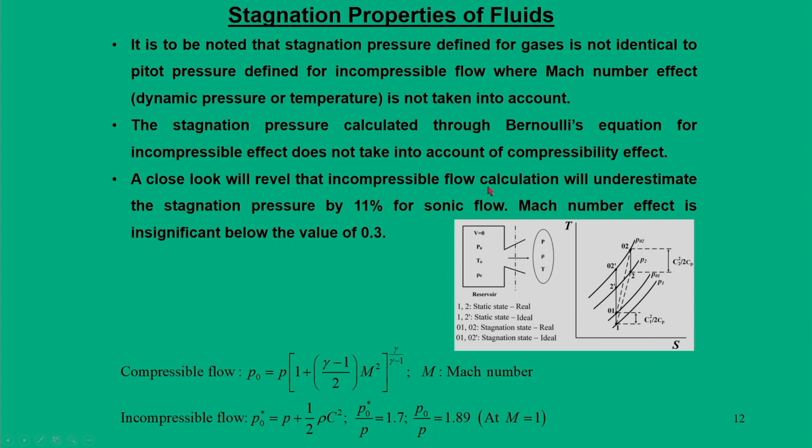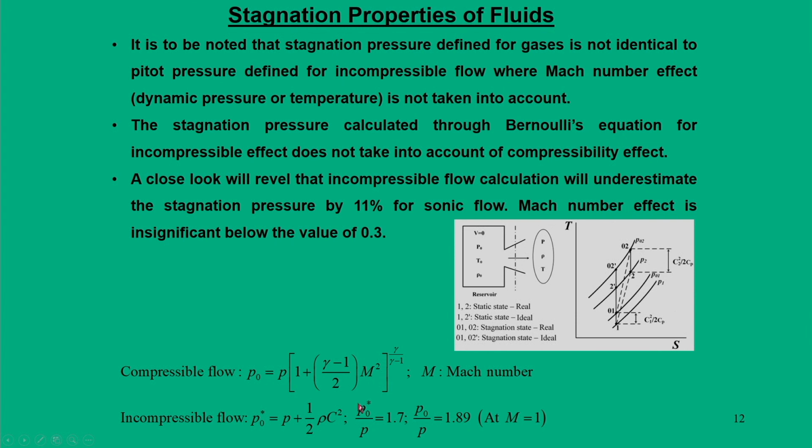So, there will be about 11% difference or deviation, because the Mach number effect was not taken into account in Bernoulli's equation. In a sense, one should not confuse the definition of stagnation pressure based on the Pitot pressure or Bernoulli's equation calculation with the stagnation pressure calculated from the isentropic relations.